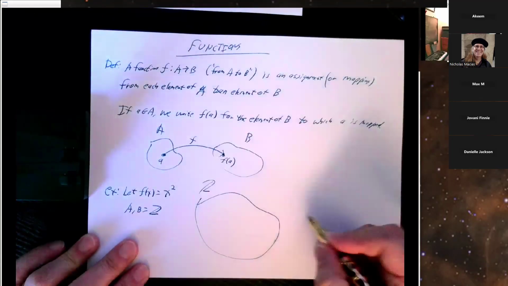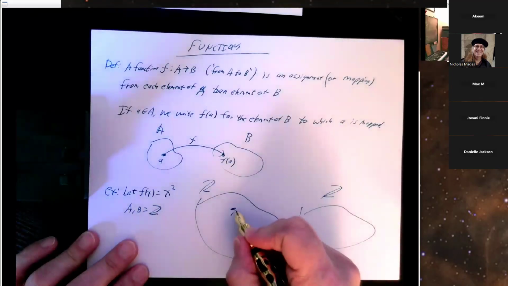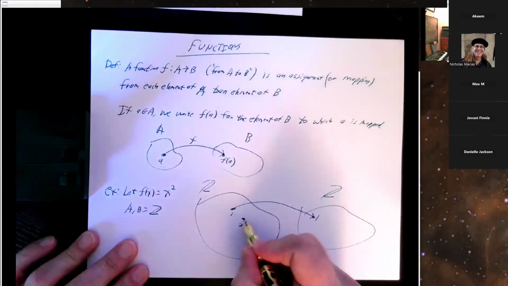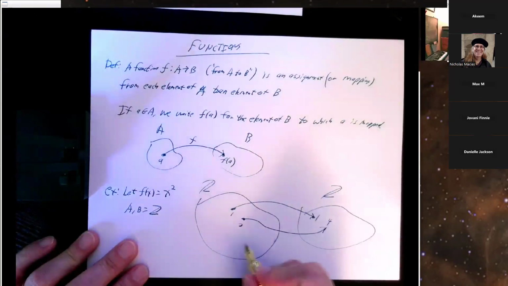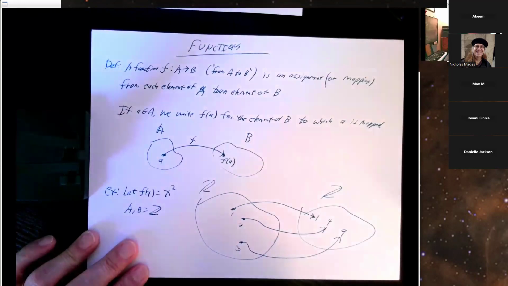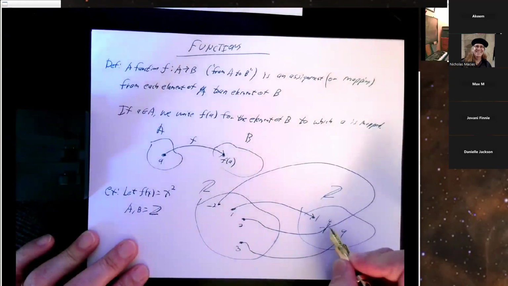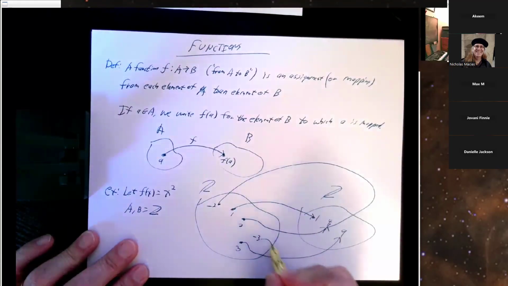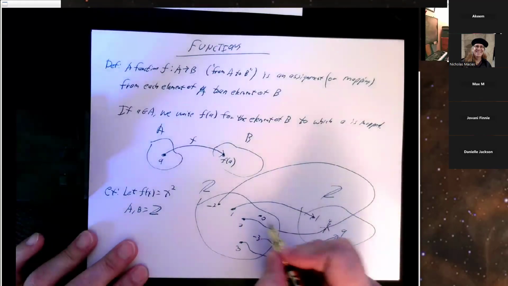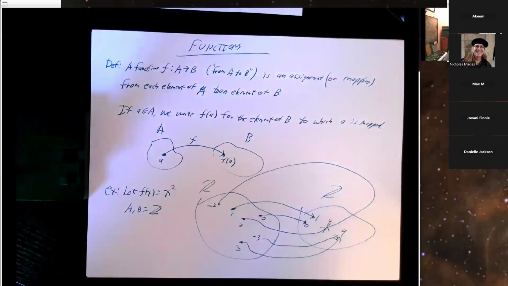So here's a set of integers, here's a set of integers. And so the number 1 maps to the number 1. The number 2 maps to the number 4. The number 3 goes to the number 9. The number -2 also goes to 4. The number -3 also goes to 9. 0 goes to 0. Right?